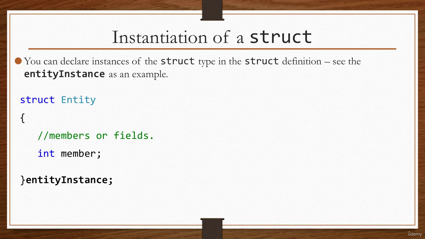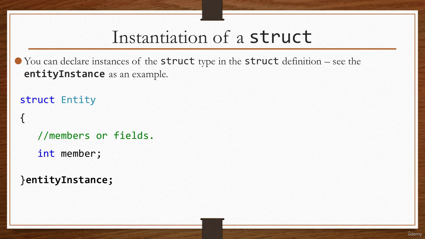An example here is the entity instance, so I'm using camel case again. We have the struct keyword, followed by the identifier of our custom type. Then we have the opening curly brace, then some members, then the closing brace, so that signifies the end of the body. Following that, we can put in some instances. In this case, we have a single instance.